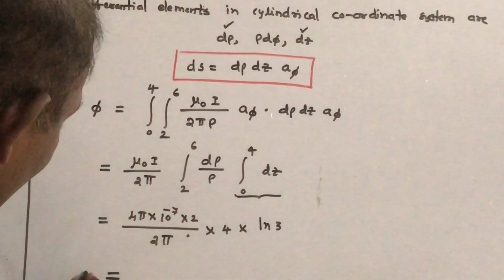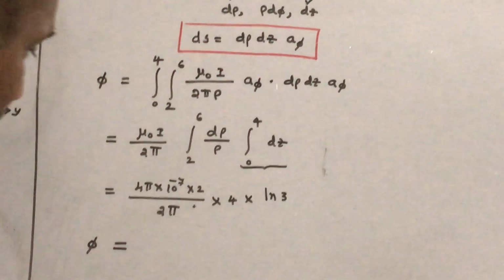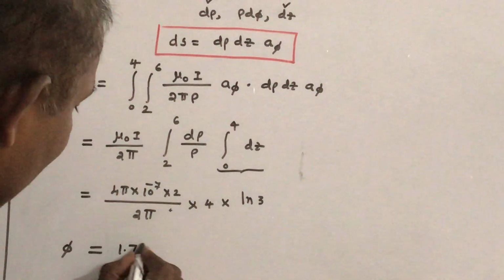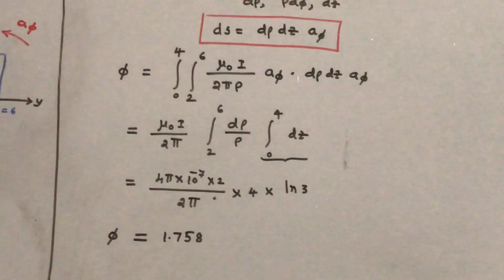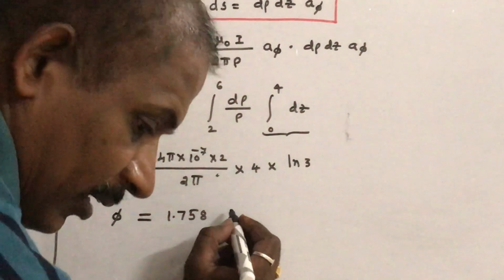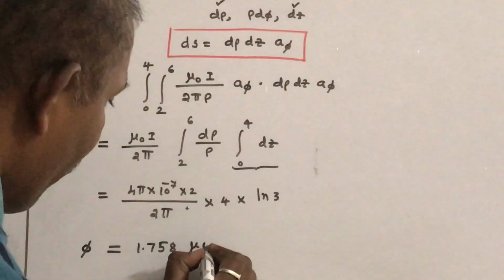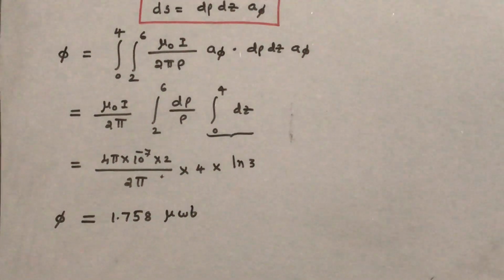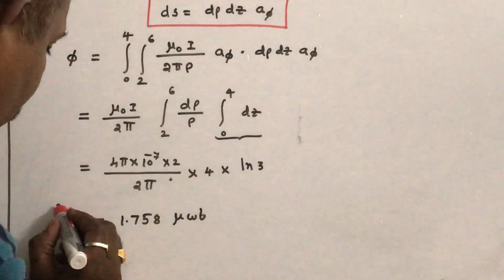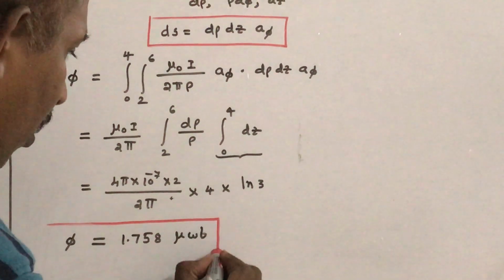Finally, the magnetic flux crossing the given surface comes out as 1.758 microwebers. This is the answer for this problem.